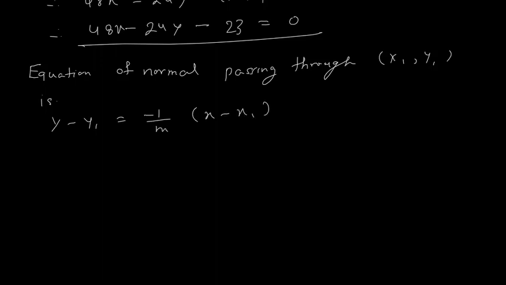This is the equation of a line which is perpendicular to the tangent. So the equation of normal passing through x1, y1 will be y minus y1 equal to minus 1 upon m, where m is the slope of tangent.